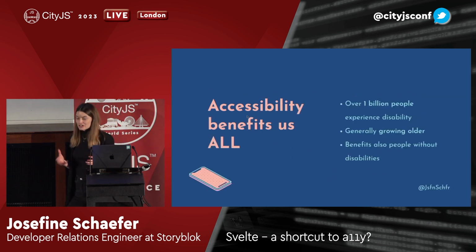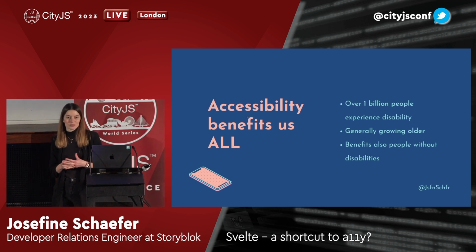If that's not enough to convince your employer or somebody who's paying you to implement web accessibility, the WHO found that over 15% of our global population are experiencing some form of disability, and that's 1 billion people. Of course, global data is really hard to measure, and the experience of disability is also really hard to quantify. But even if it's just a ballpark, that's so many people, and they have a massive spending power, so it's really worth considering if you have any kind of business and want to sell a service or something.